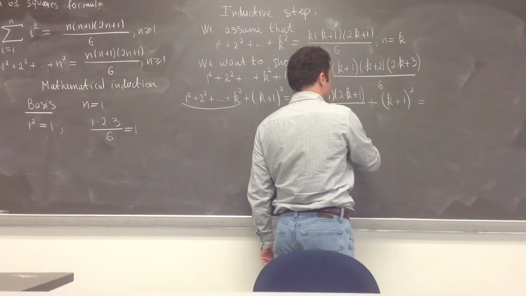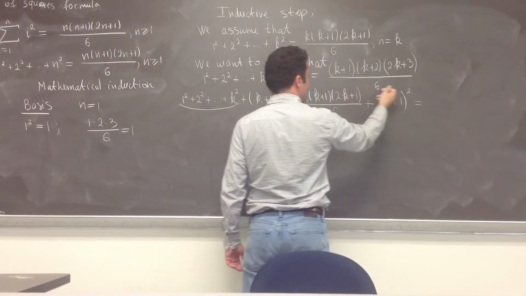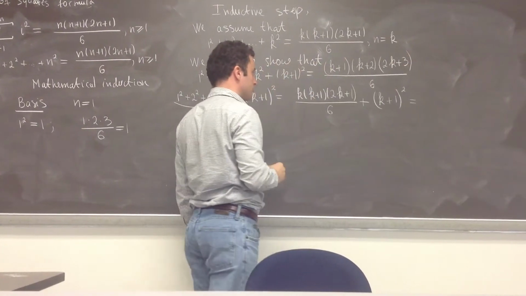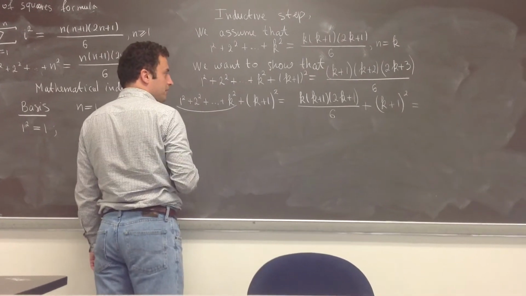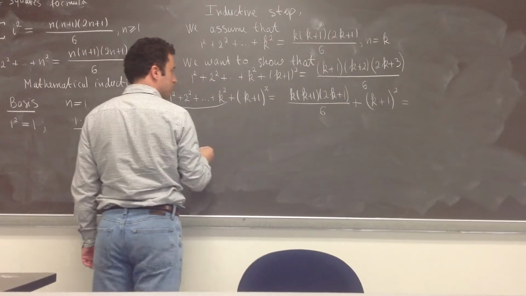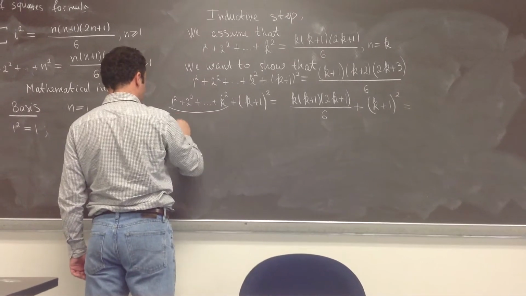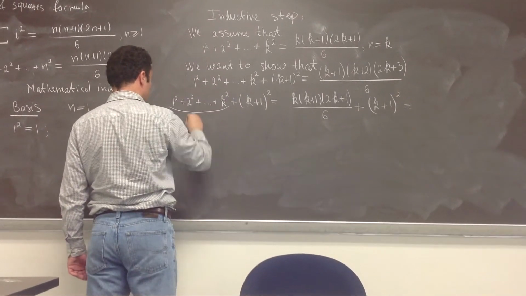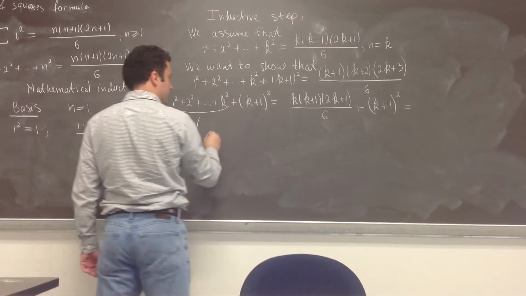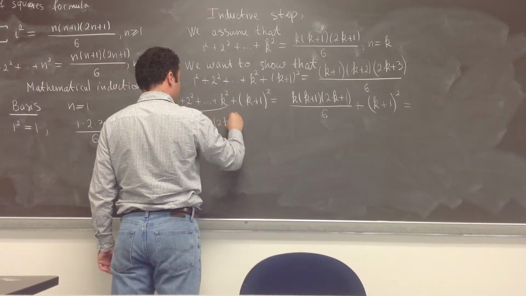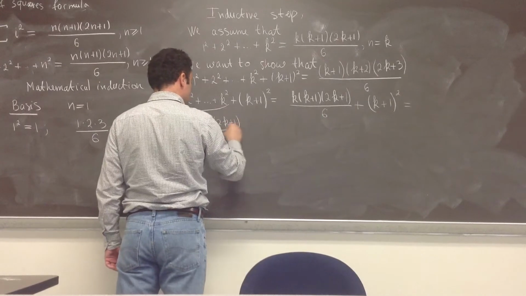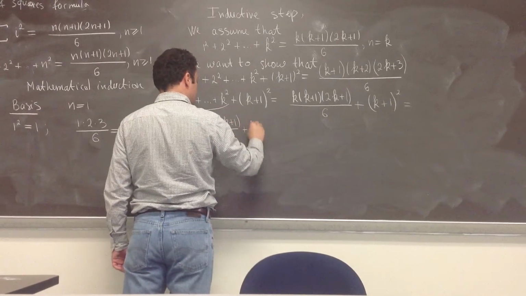And now I want to show that this expression is equal to the expression on the right-hand side. So I want to simplify this expression. And first step, it is natural to factor out k plus 1. So let's factor out k plus 1. And we have k times 2k plus 1 over 6 plus k plus 1.